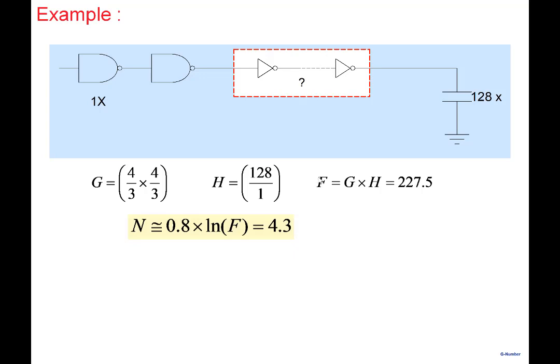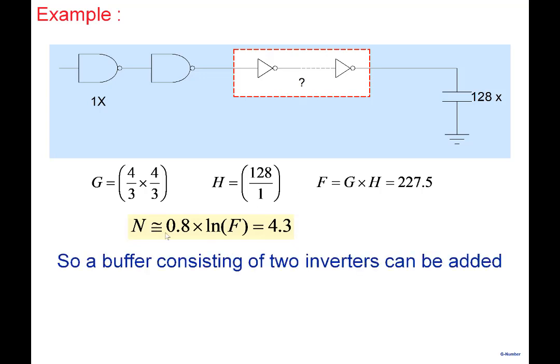For this path effort, the optimum number of gates is 4.3, so take 4. I already have 2 gates, so we should attach a buffer of 2 inverters. And F to the power 1/N, with N equal to 4, turns out to be 3.88.